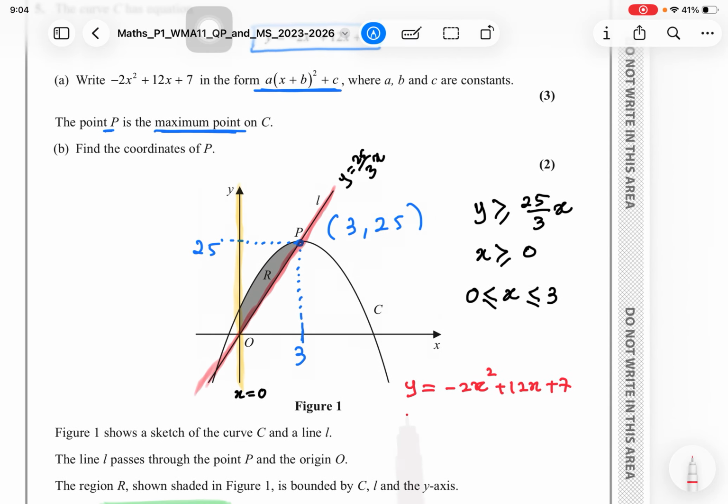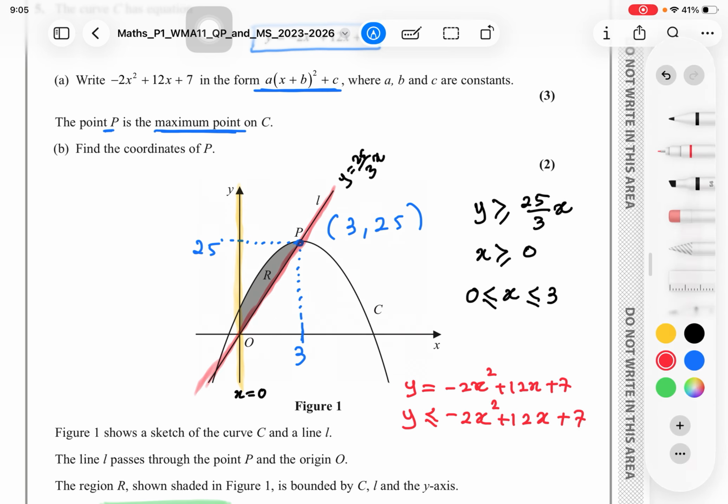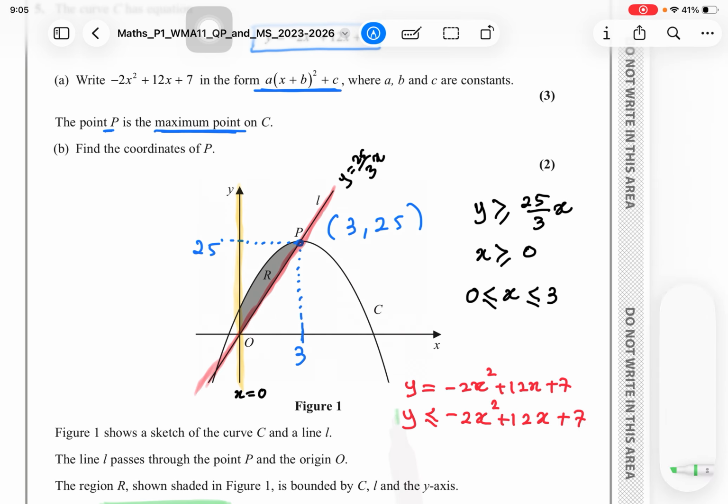So y is going to be less than or equal to negative 2x squared plus 12x plus 7. These are the three inequalities that you can get to define the region.